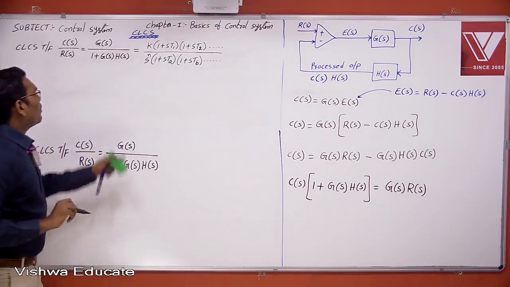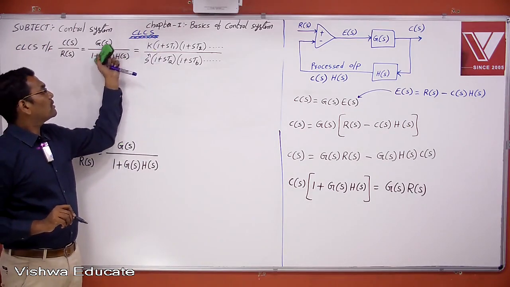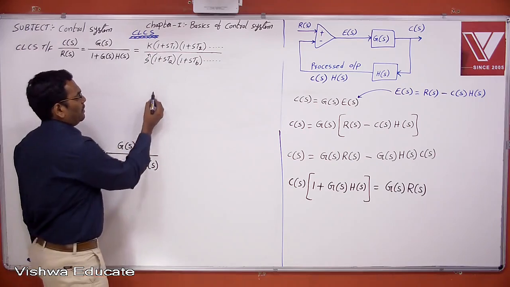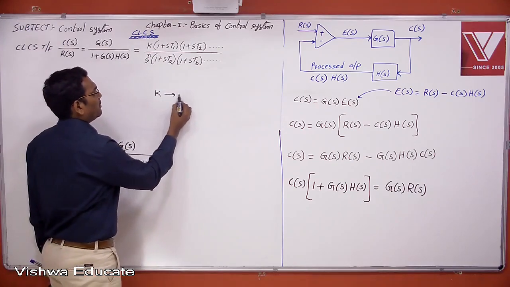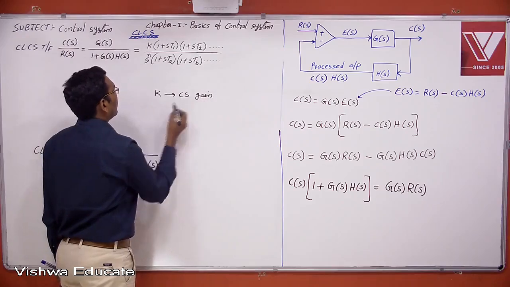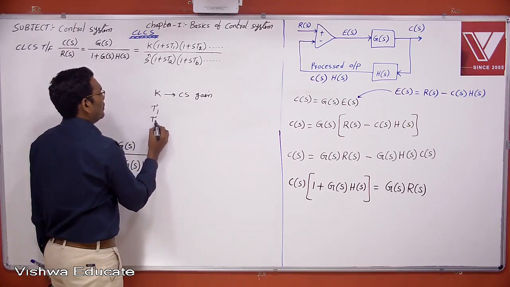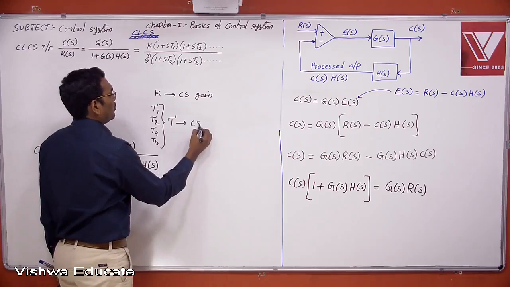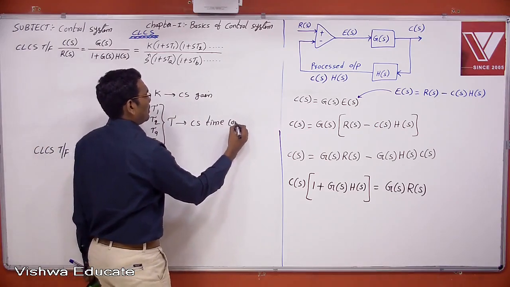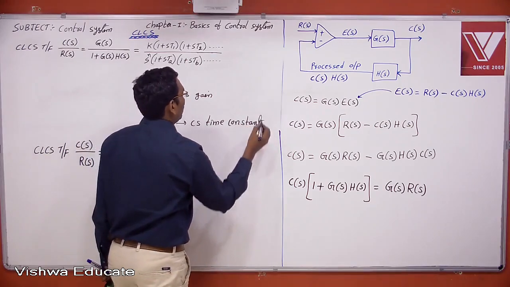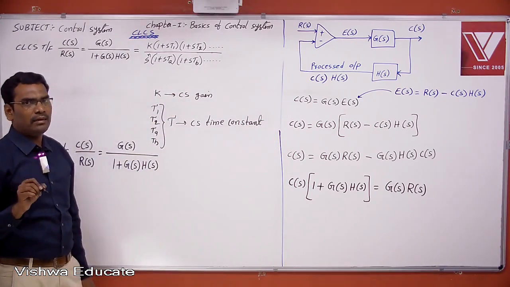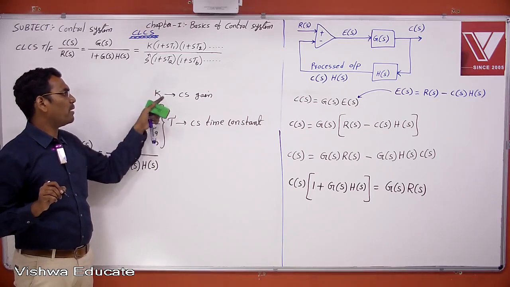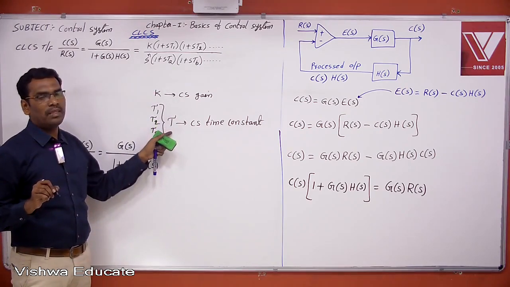Now see here, now this is a function of S, therefore I can write in terms of S. This is a polynomial, and we already know that K is the control system gain, where T1, T2, TA, TB and so on are the control system time constants, because what I am saying is any control system behavior, whether the control system response, analysis or anything, depends upon only two parameters, control system gain and control system time constant.